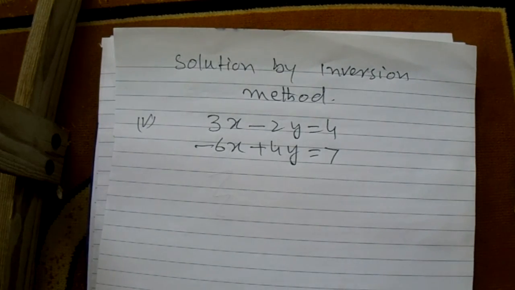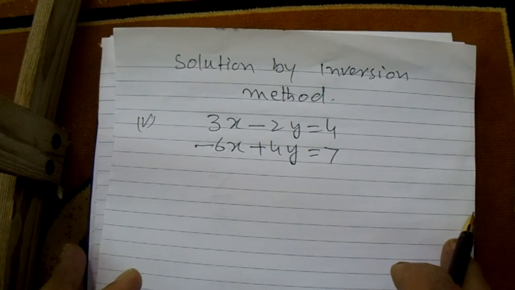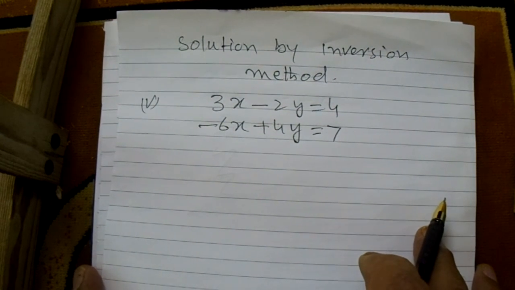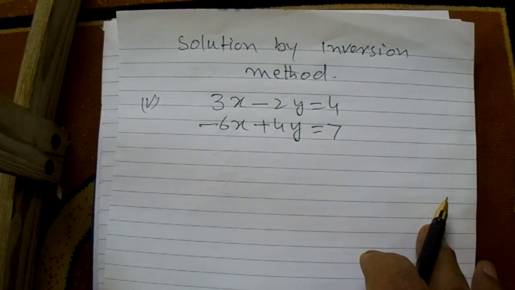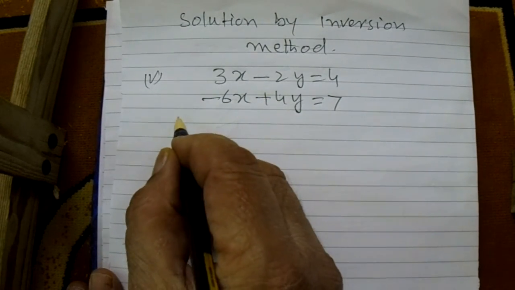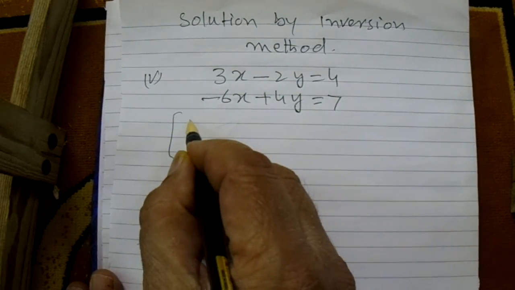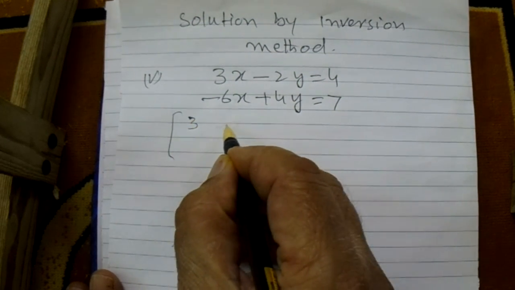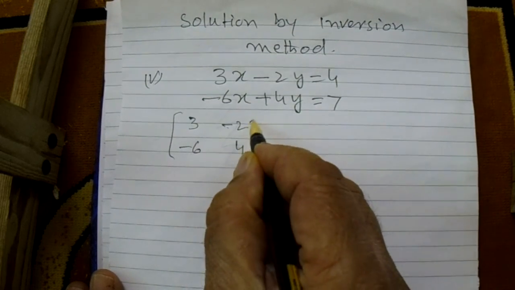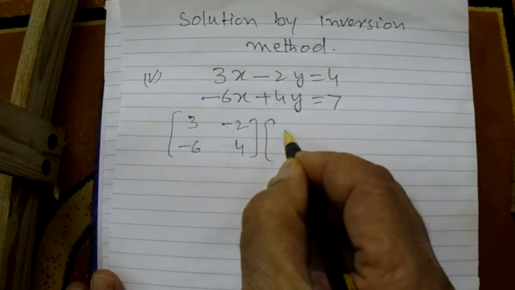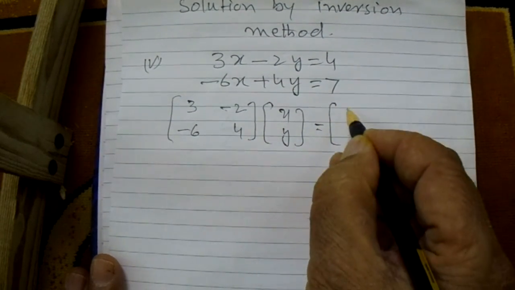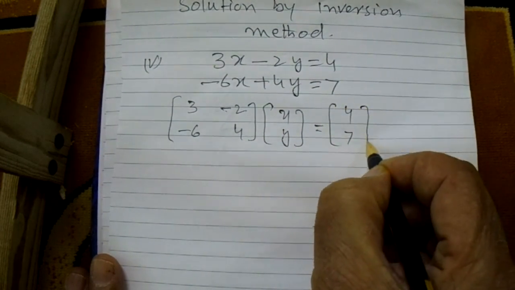Bismillah ar-Rahman ar-Rahim. Now it is the fifth part of question number 1 of exercise 1.6. Now we write these equations in matrix form. Here we write the coefficients of the variables: 3, minus 2, minus 6, 4. Now here we write x, y is equal to 4, 7.